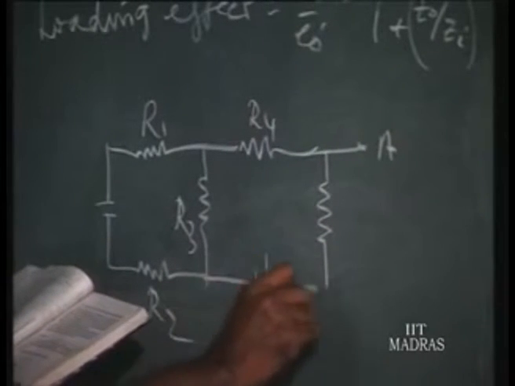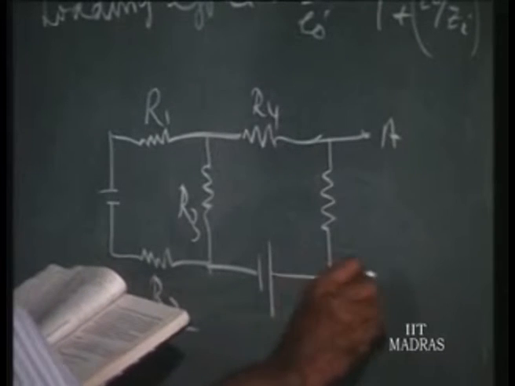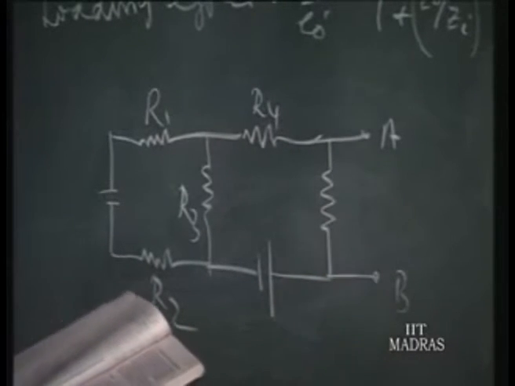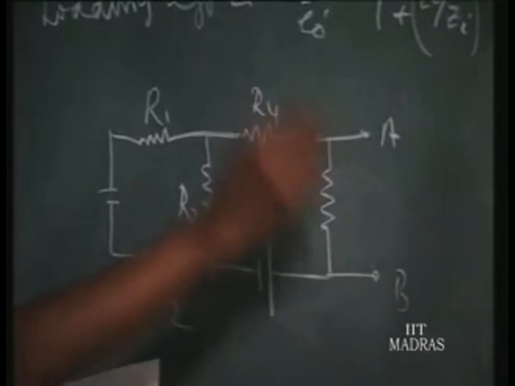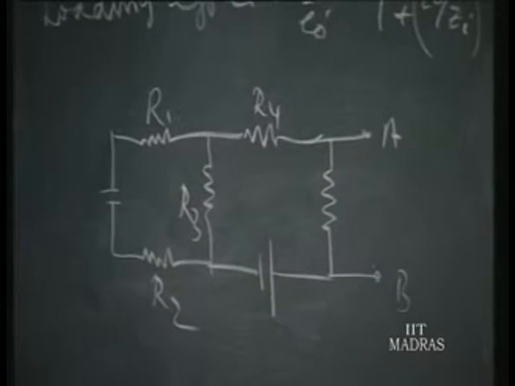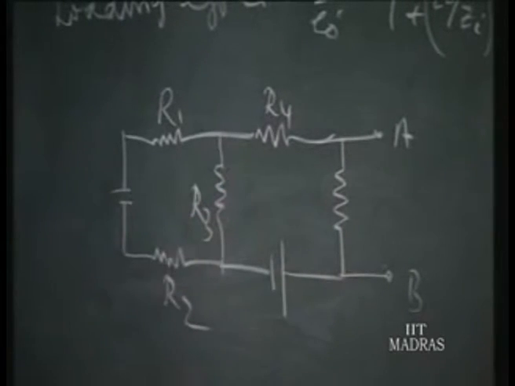Here another battery source, and B. Now, the problem here is we want to measure the voltage across AB. There are two battery sources, and so many resistors are connected in this circuit.